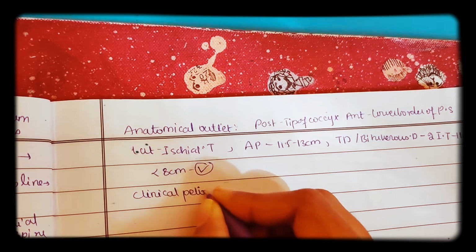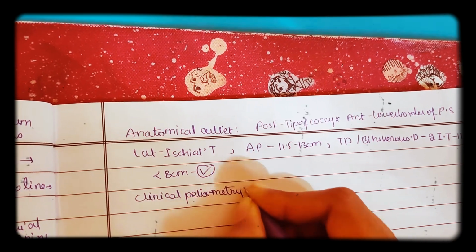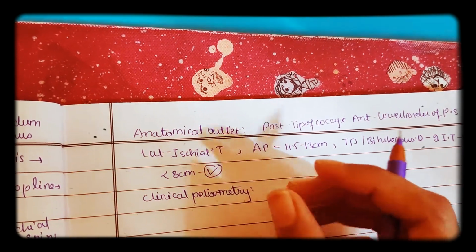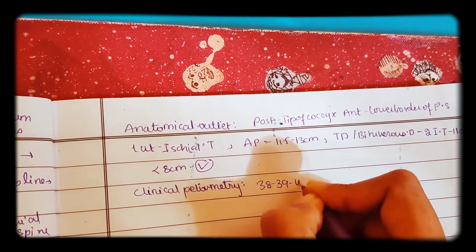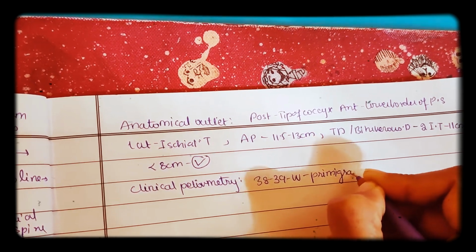Next, coming to clinical pelvimetry. What is this? Clinical pelvimetry is a clinical measurement done in primigravida between 38 to 39 weeks. If someone is pregnant for the first time, that is a primigravida, you will do this.